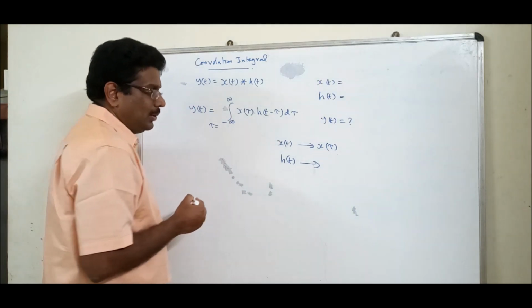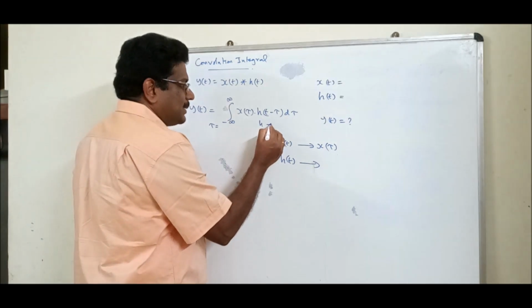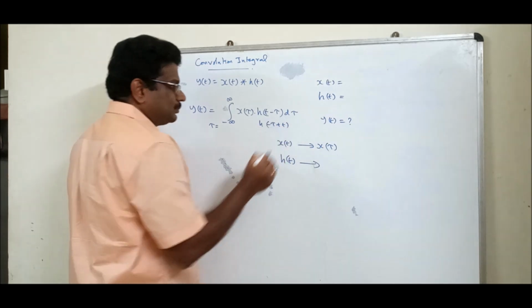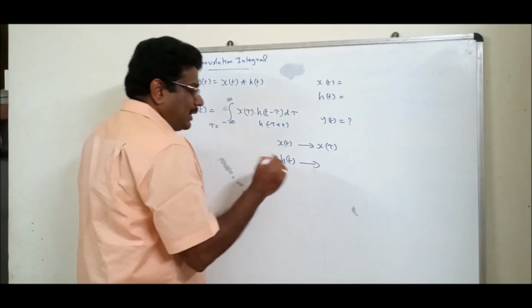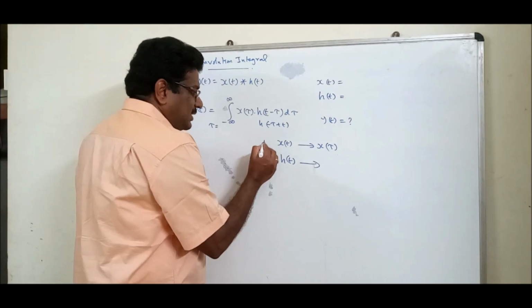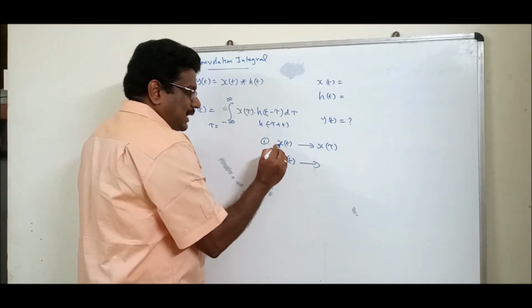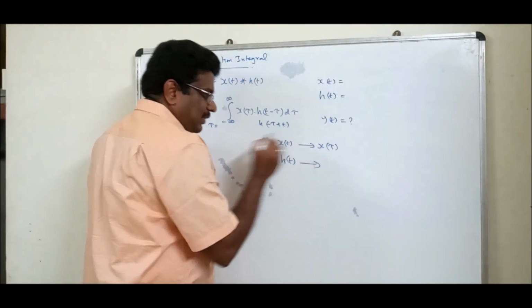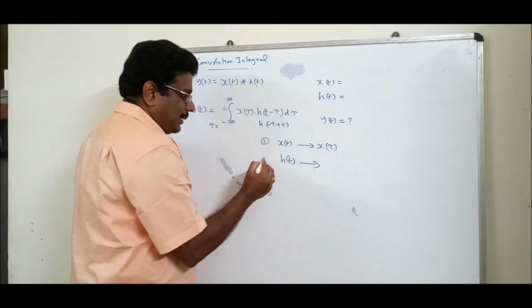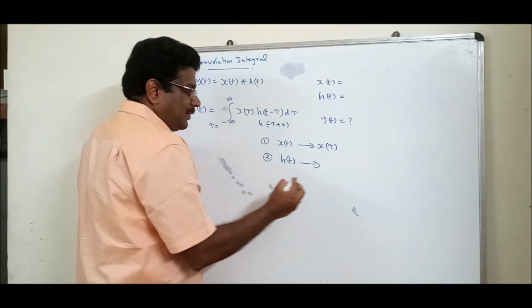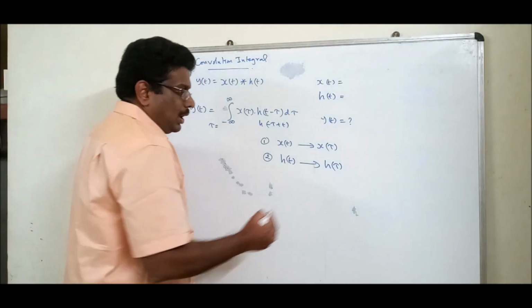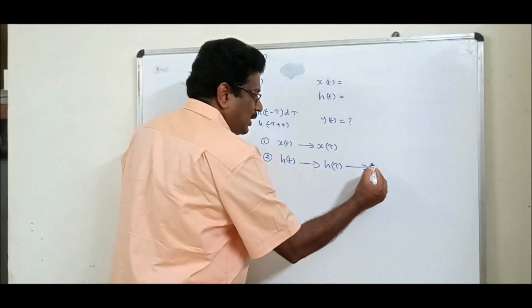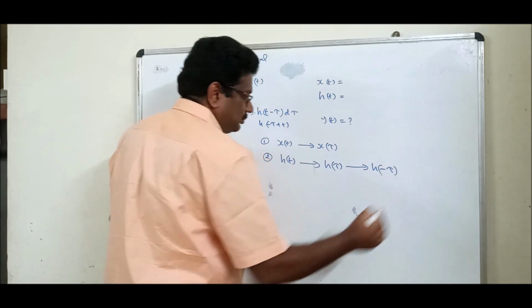Can I rewrite this as minus tau plus t? Yes. In the first step, x of t I convert to x of tau. Second step, h of t I convert to h of tau. Then I will change this to h of minus tau.